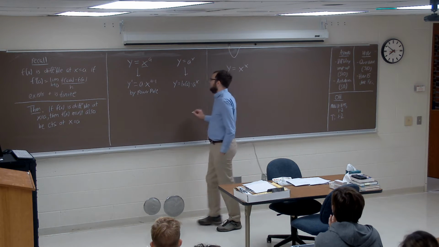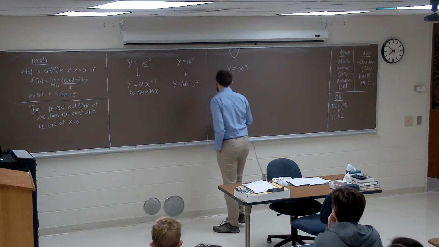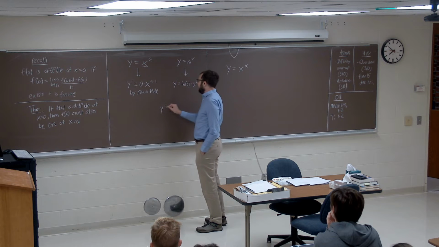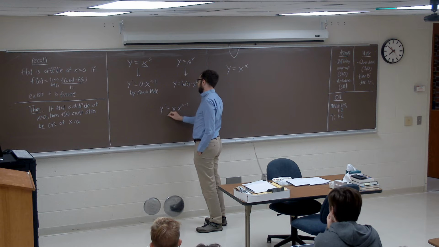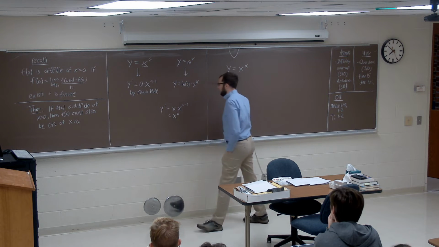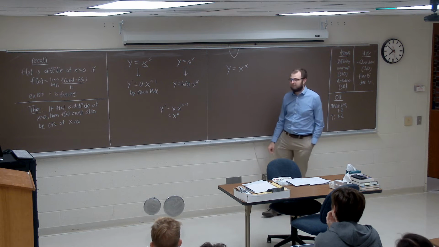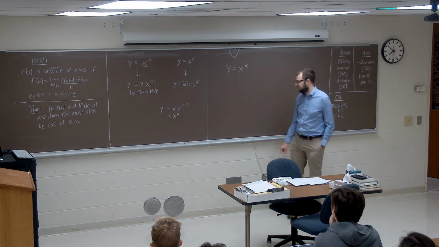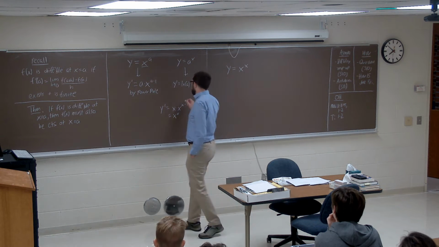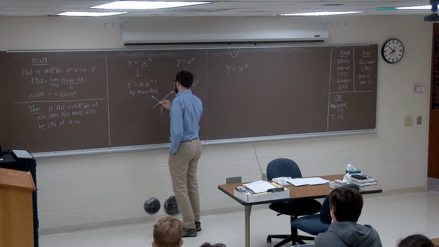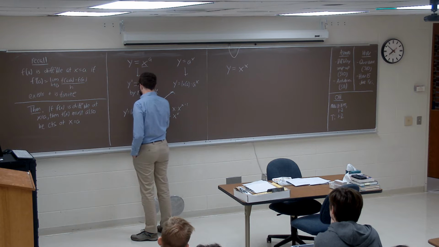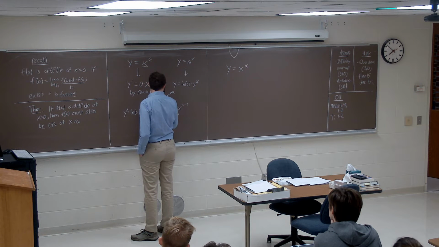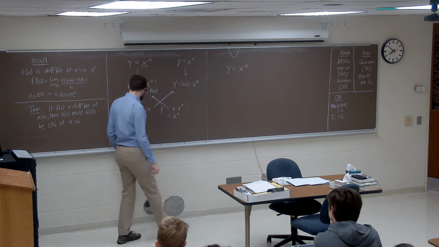Well, if we chose one, if we did the power rule, we'd get y prime equals x times x to the x minus 1. It'd actually just be x to the x again, funny enough. If we did the exponential rule, we'd get y prime equals natural log of x times x to the x.